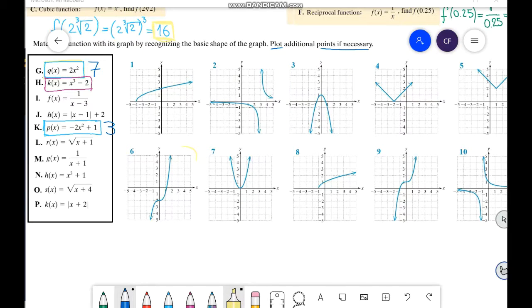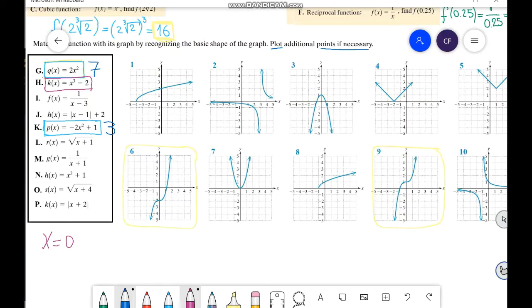We can find one snake here on number 6. It looks like a snake. And another snake here on number 9. Which one is going to be the right option for letter H? Let's try a point. x equals 0.